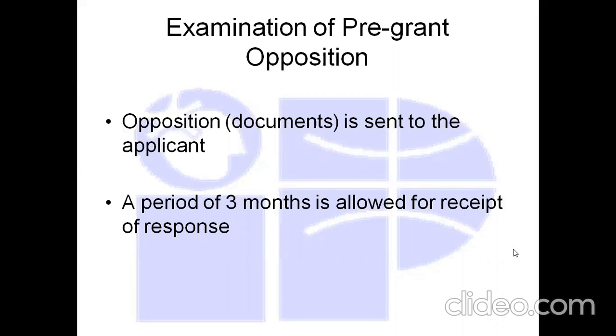Examination of pre-grant opposition also, but this is a different thing. You can't go into it, but keep in mind this pre-grant opposition is also available on the portal. A period of 3 months is allowed for the receipt of the response. Only 3 months, right?